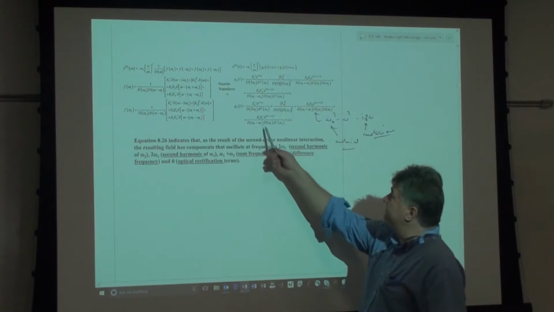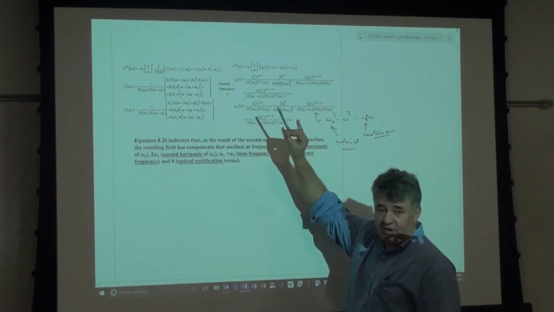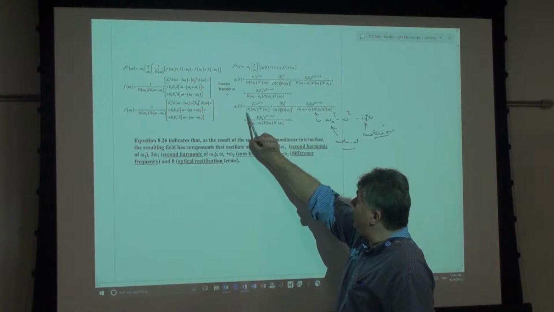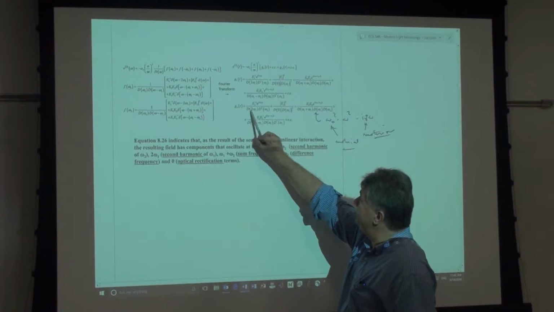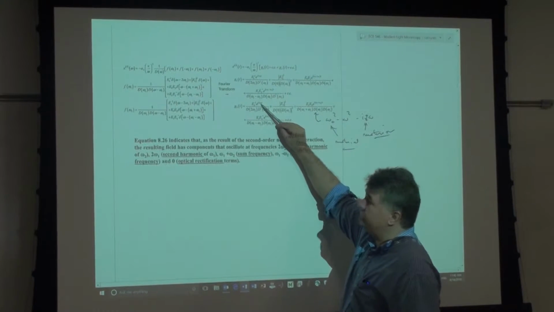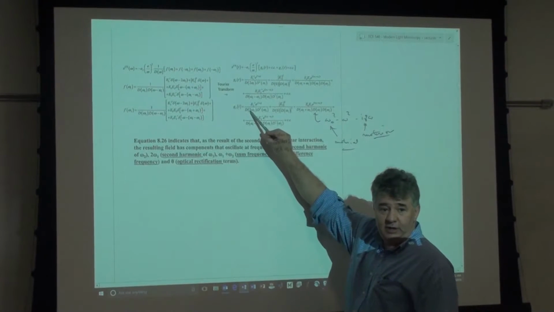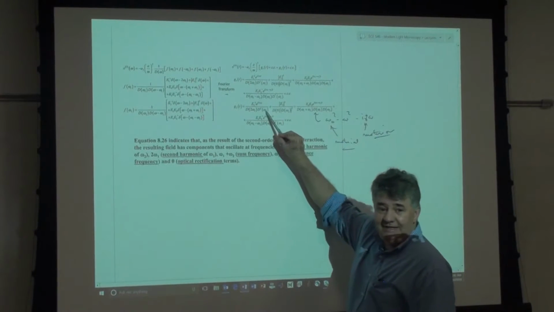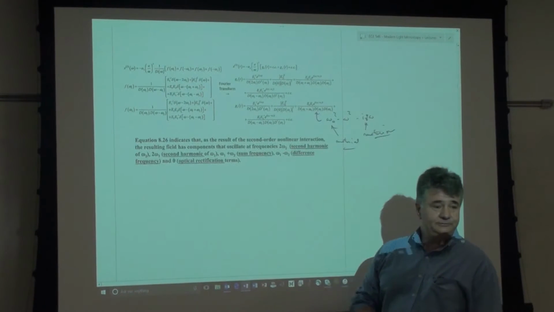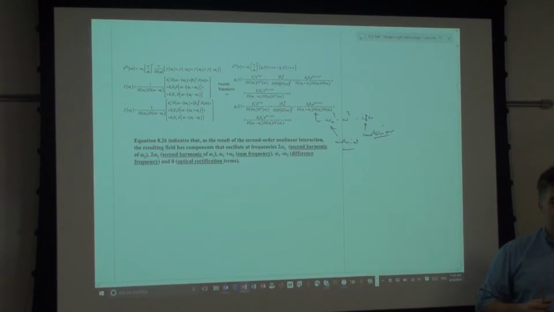So this is the strength. This is everything you need to know. So for linear materials, you have D of omega and you're done. For the nonlinear ones, your chi is something to do with this. So it's as if you have a linear response at 2 omega. So let's look at the second harmonic generation of omega, 2 omega.